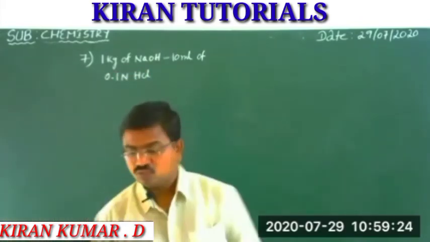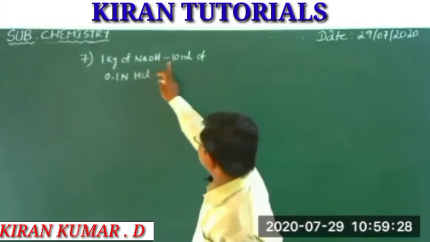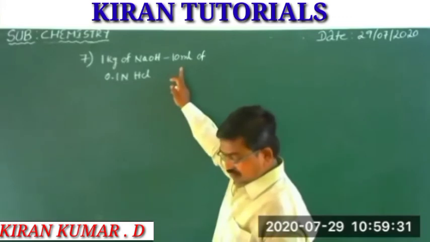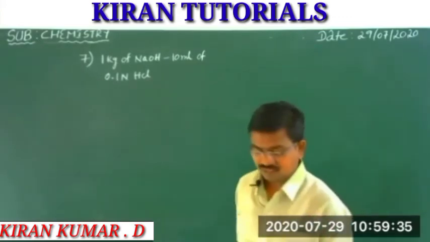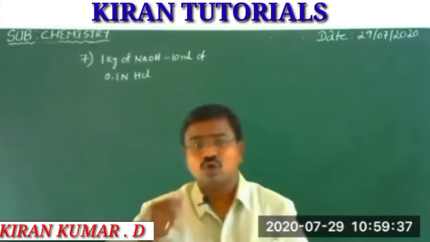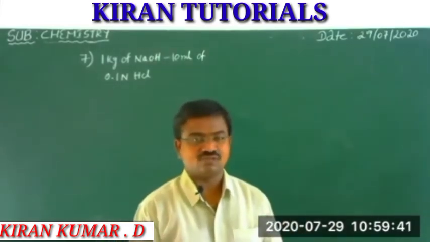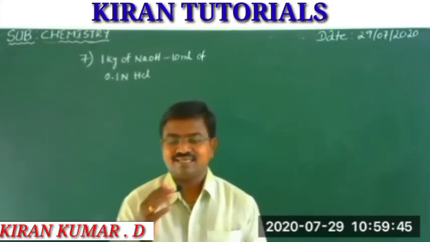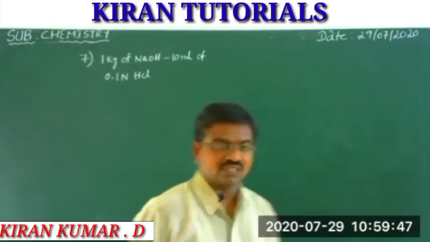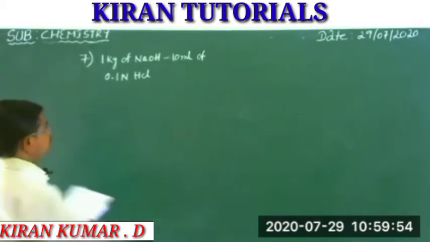The question: when 1 kg of sodium hydroxide is added to 10 ml of 0.1 N HCl, what is the nature of the resulting solution? To find the nature of the resulting solution, first we have to calculate the milligram equivalents of HCl.